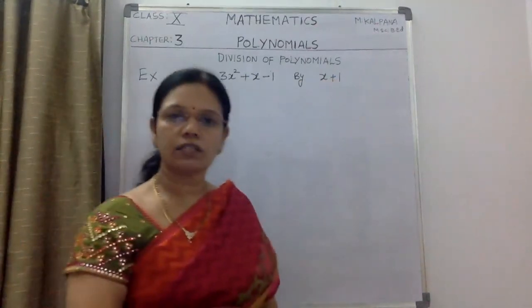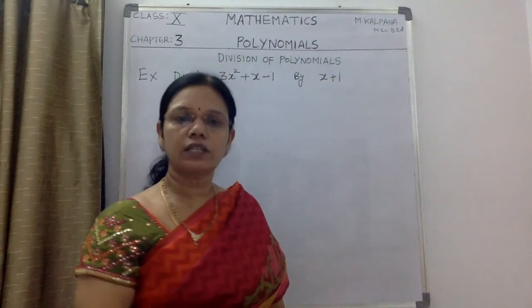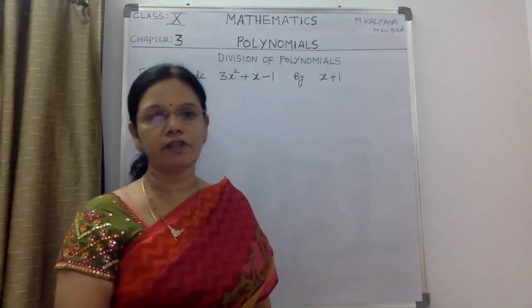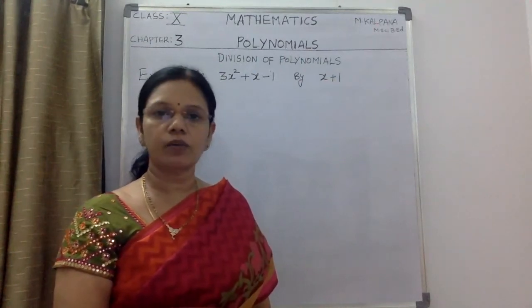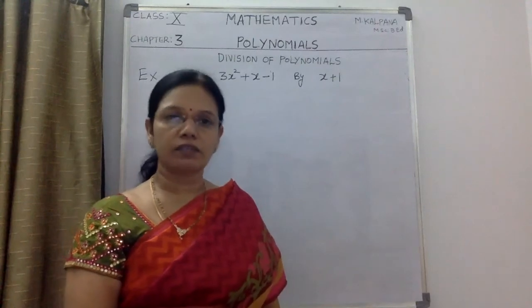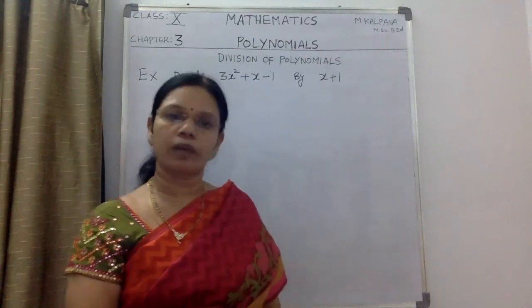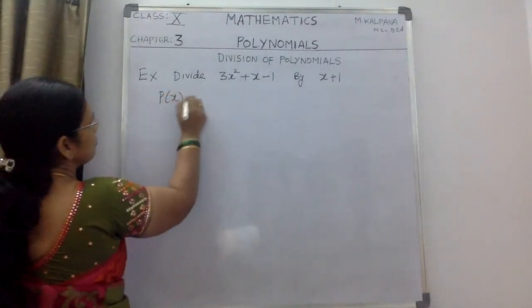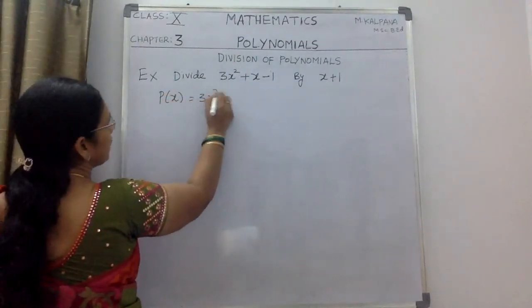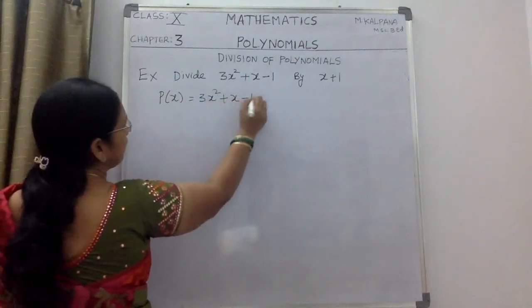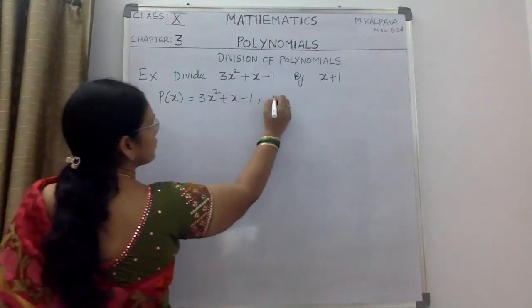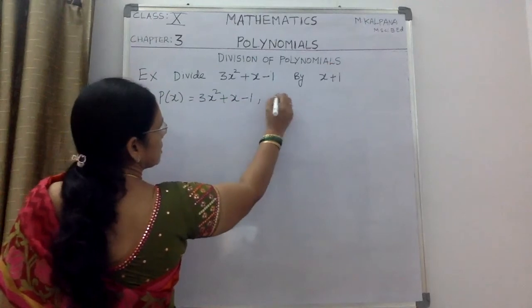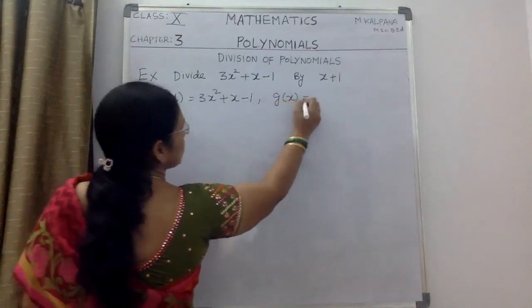So here, what is the first polynomial? 3x square plus x minus 1 is the first polynomial. What is the second polynomial? That is x plus 1. Let us denote the first polynomial by p of x. P of x is equal to 3x square plus x minus 1. And let us take g of x is equal to x plus 1.